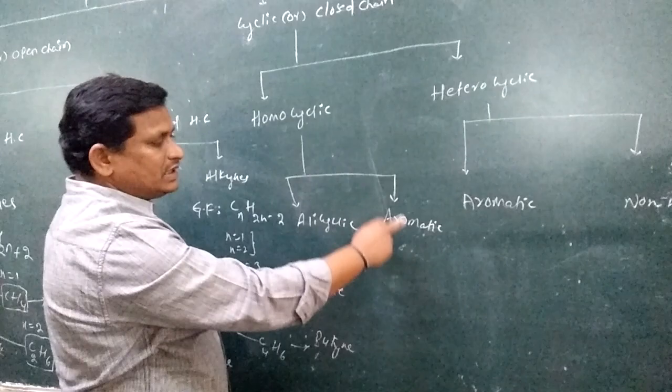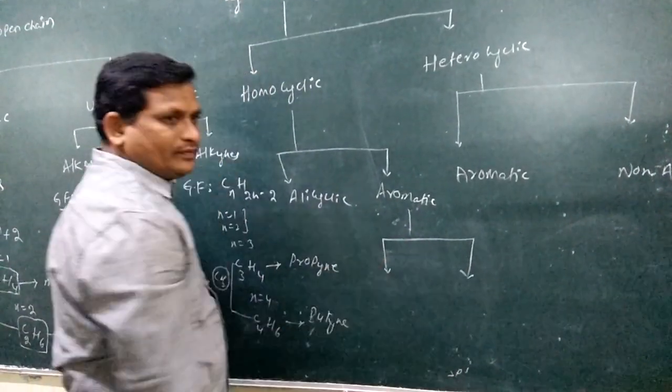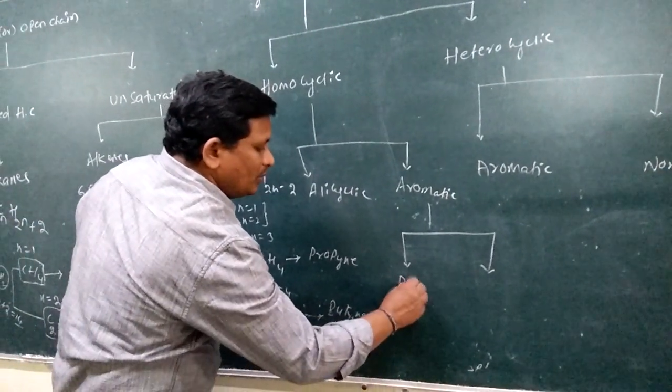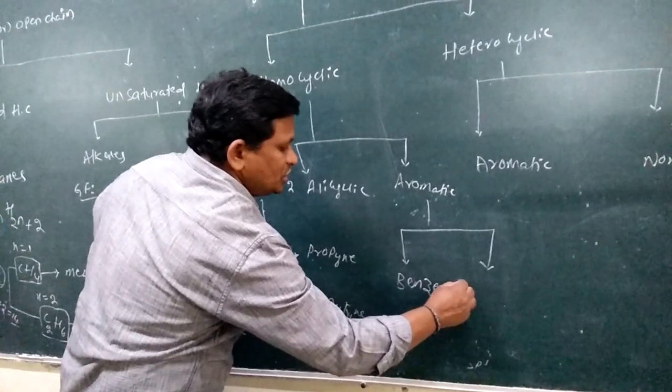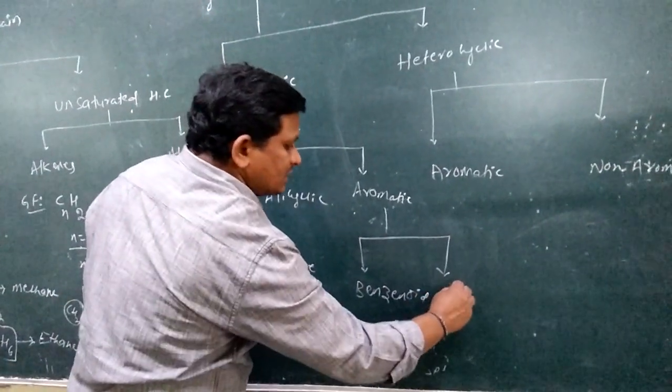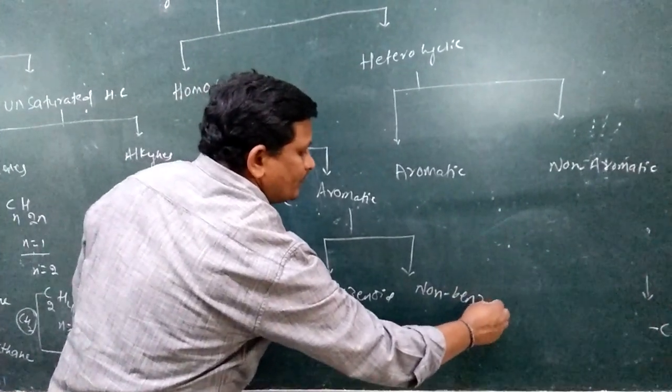Then homocyclic aromatic compounds are classified into two types. One is benzenoid compounds. Second one is non-benzenoid compounds.